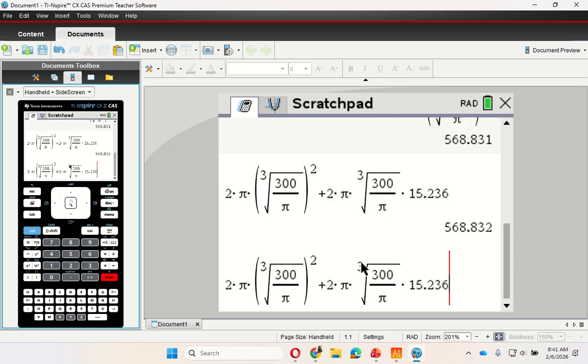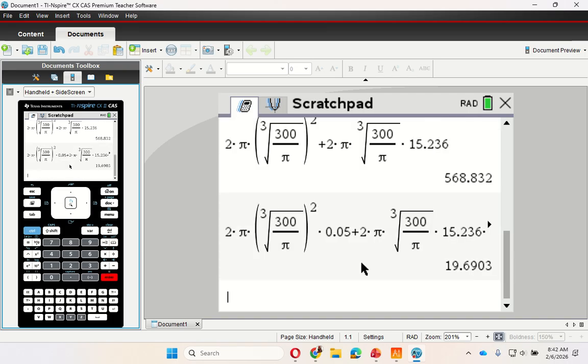This one's going to be times 0.03, and this other one is times 0.05. Okay. Control enter. There we go. Alrighty, so thank you, Matt. It cost me almost $20 just to make this container.